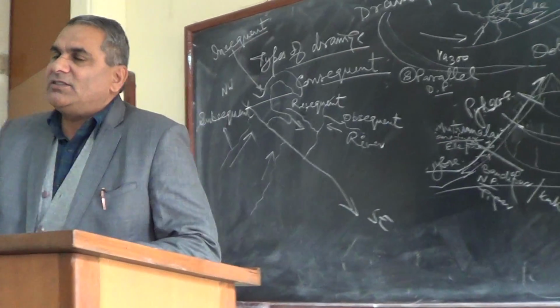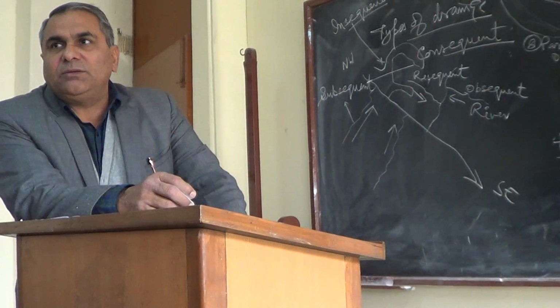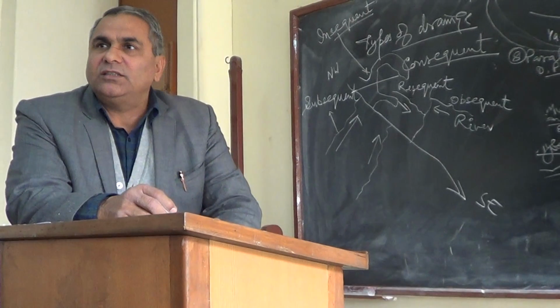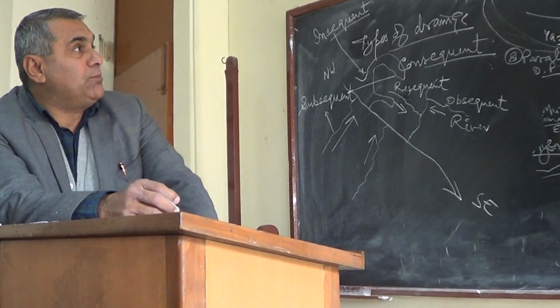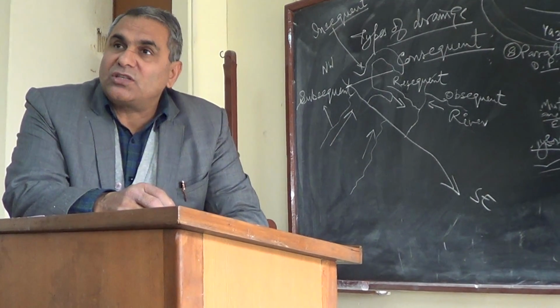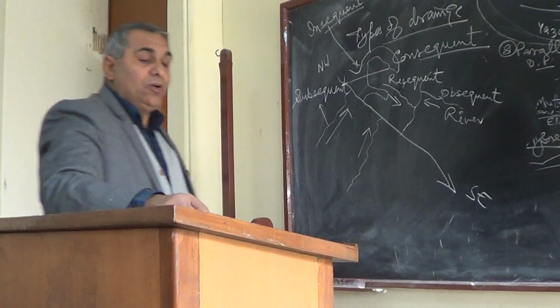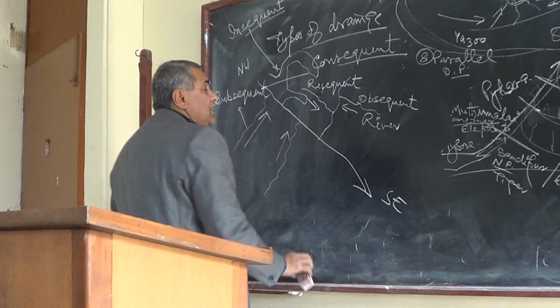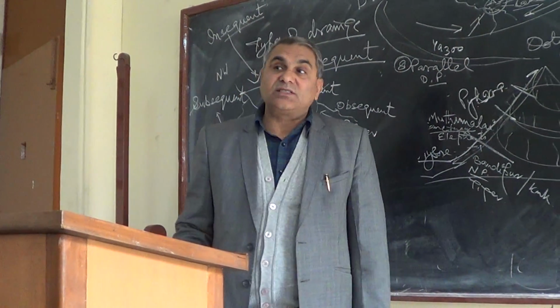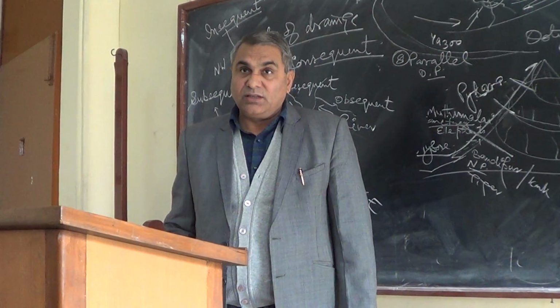I explained the regime, the watershed, water divide, catchment, and now come over to the river system of India, or the drainage system of India. In India, there is a need to discuss each and every river.